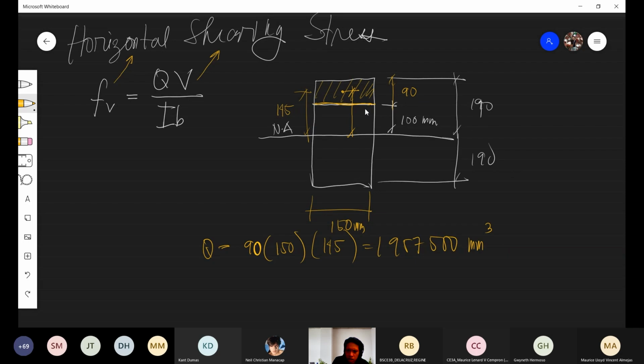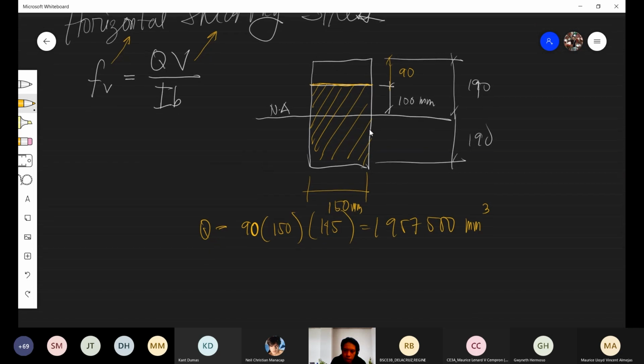This is the fiber we are considering, right? Let me erase this so you can see. The area below that fiber is this one. Take note, it is not below the neutral axis. It is the area below the fiber you are considering.